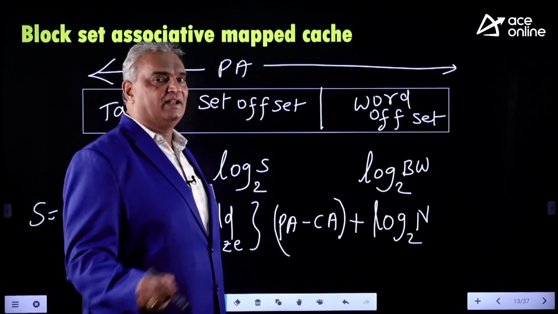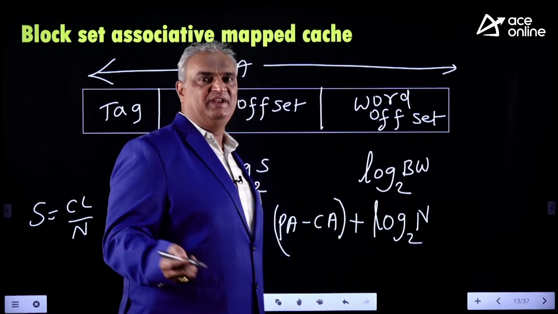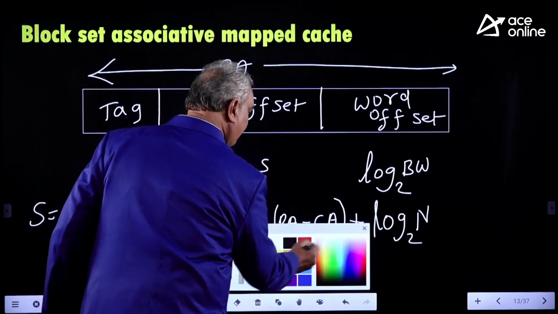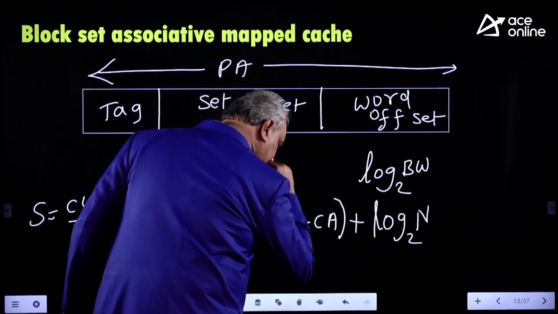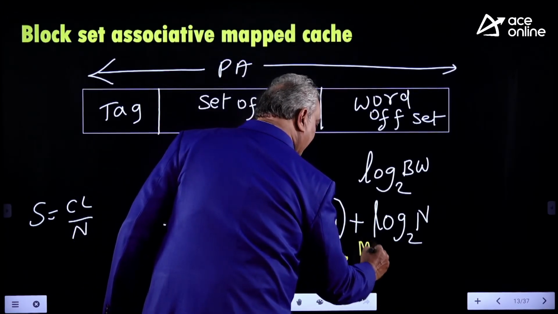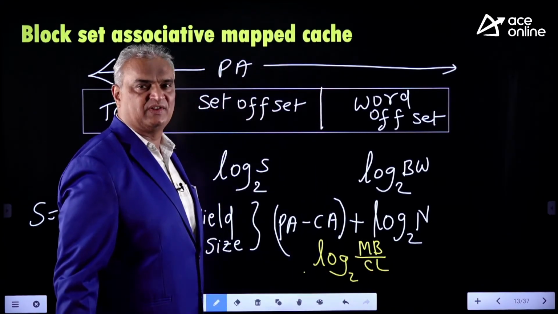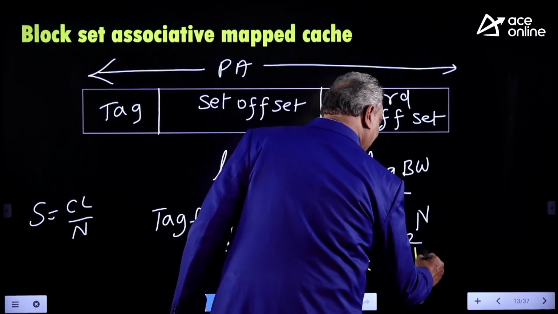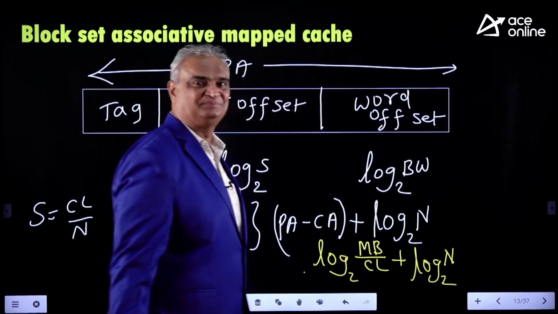When the number of blocks in main memory and the number of blocks in cache memory are given with associativity, look here: log MB by CL, which gives the tag field size for only direct mapped cache, plus log N, associativity.